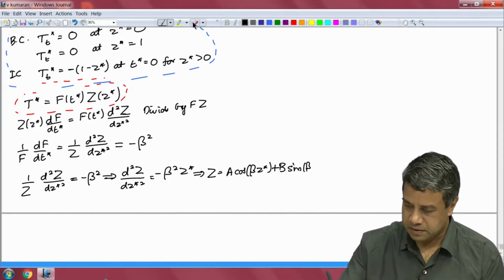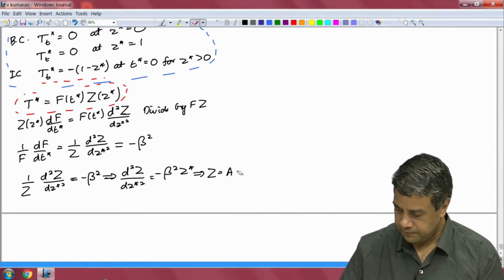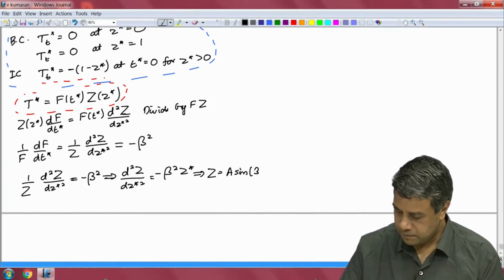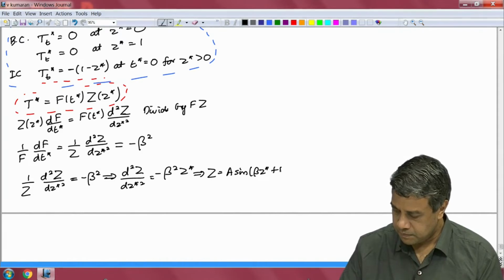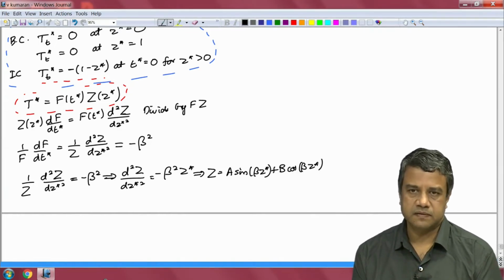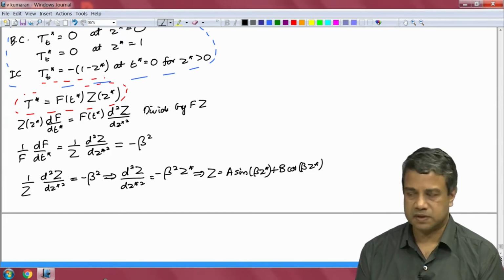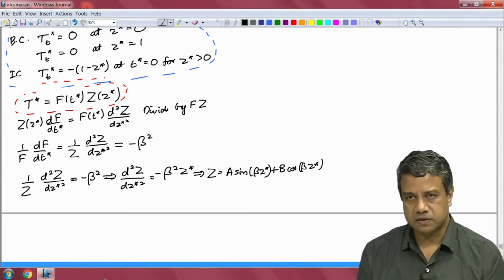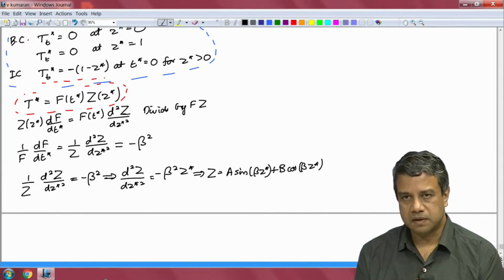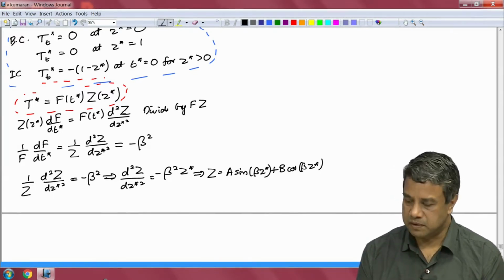This is the sum of sine and cos functions. If you take the second derivative, you will get minus beta square times the same function. So these are the solutions for z. The constants a and b have to be determined from the boundary conditions.